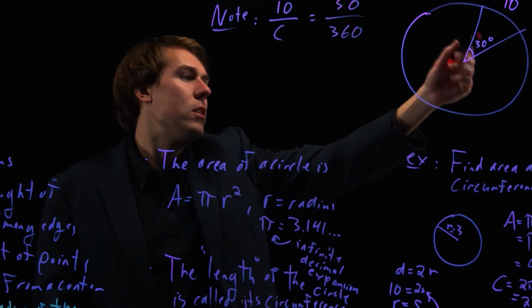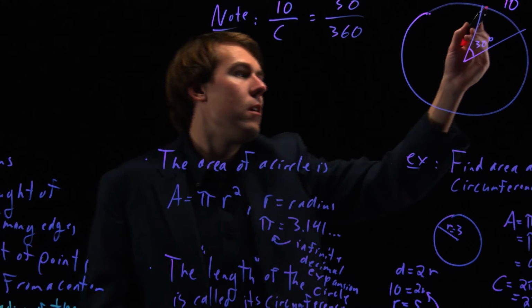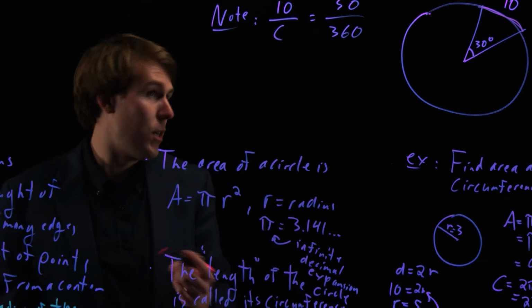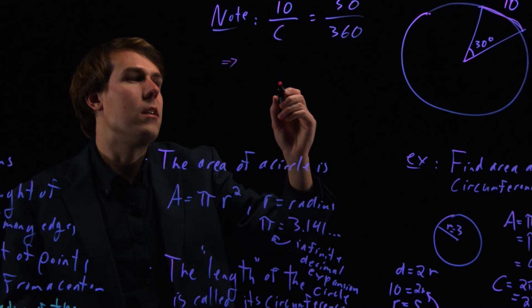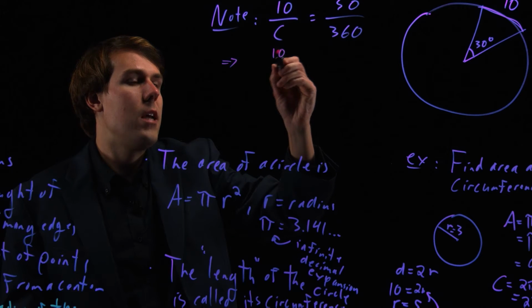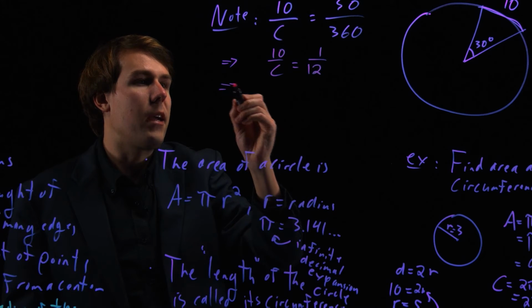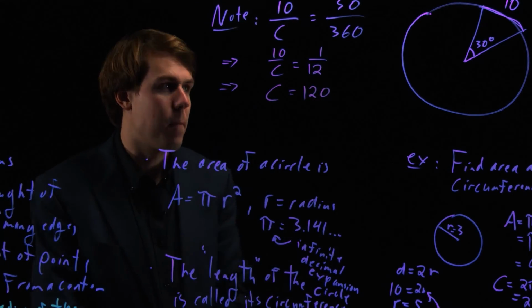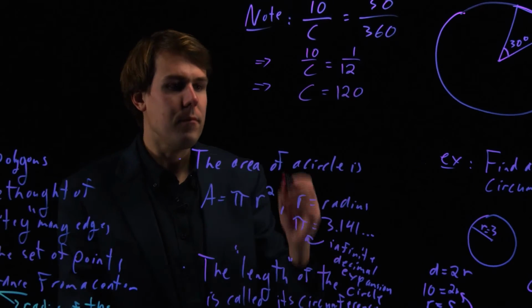Because this angle divided by 360 is equal to the arc length of 10, this length here, divided by the circumference, which I currently don't know. So this tells me that 10 over c is equal to 1 over 12, and I can cross multiply to get that c is equal to 120. So that tells me the total circumference is 120.